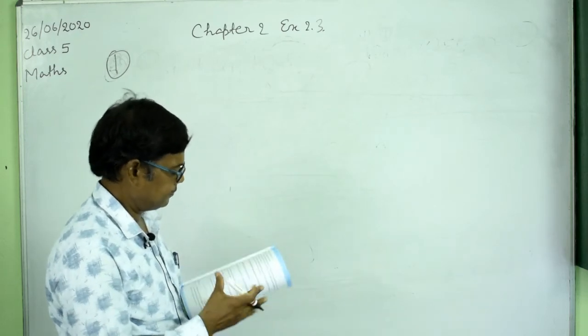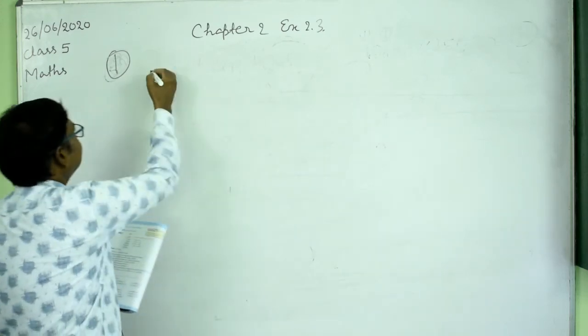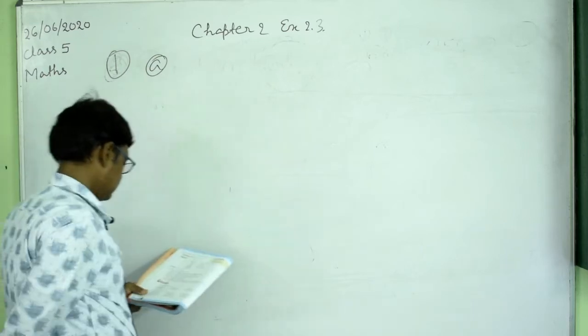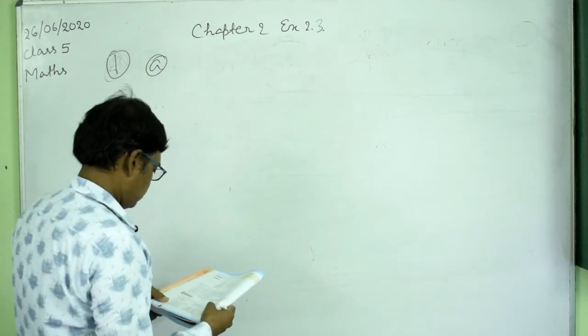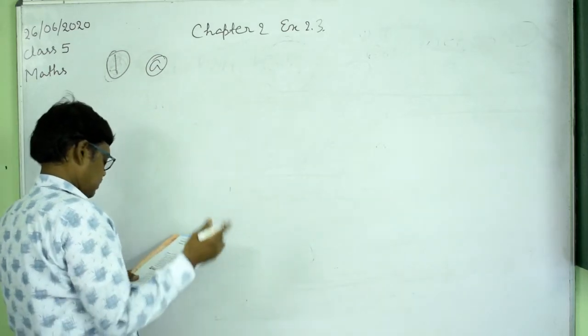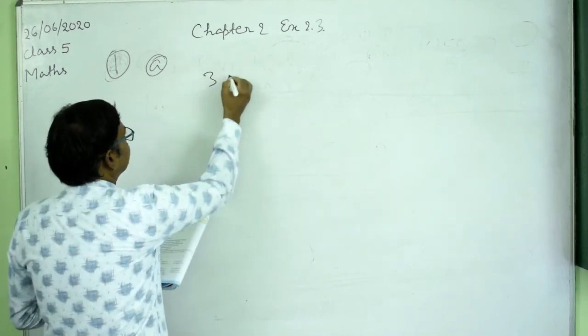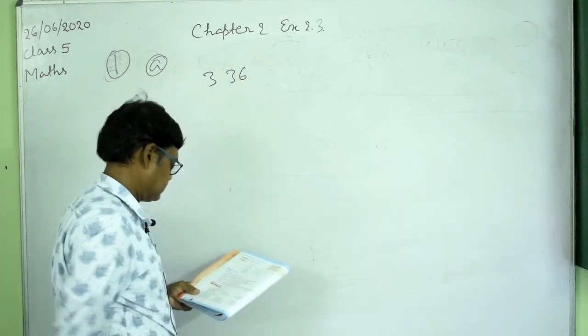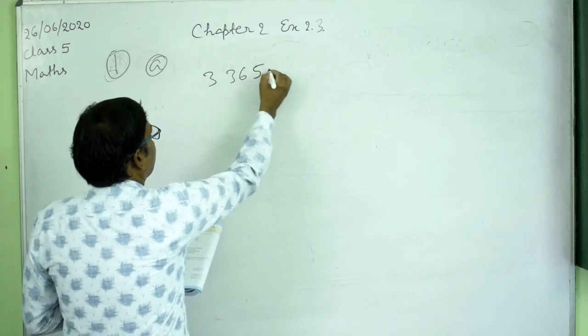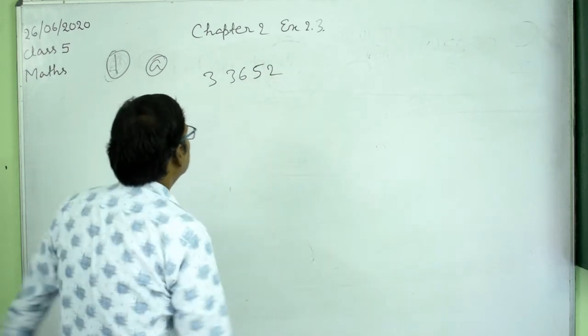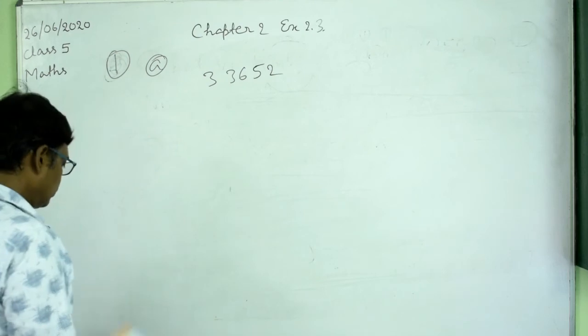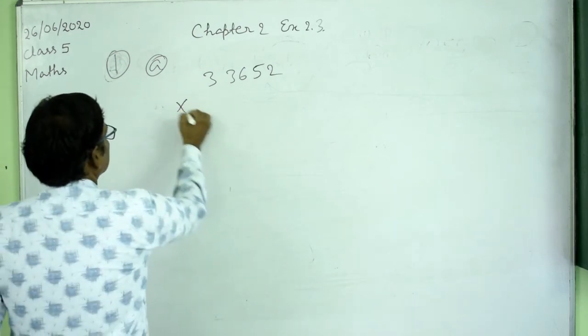So multiply this number A. Three lakh 36,000. It is 33,652 and multiply by 6.